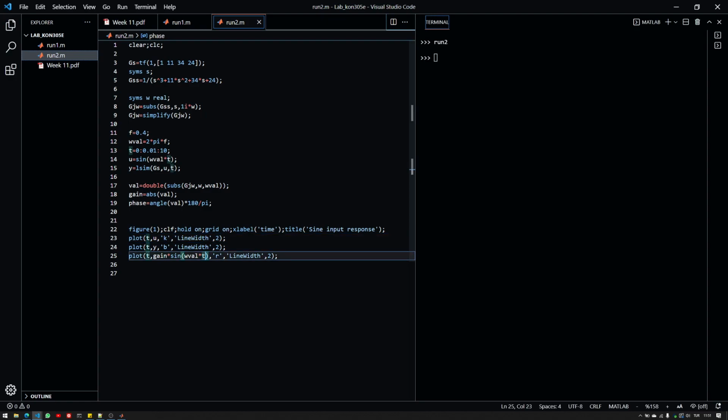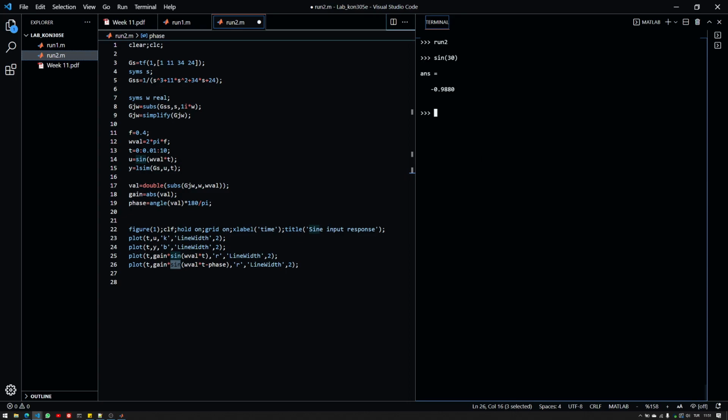So of course, let's subtract also, or maybe let's copy this and subtract the phase here. But at this point, I'm really not sure if, yeah, what we need is we need to have the actual angle here, not the degrees version here. So it should be in radians because this calculates in radians.